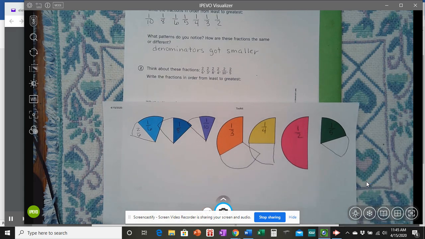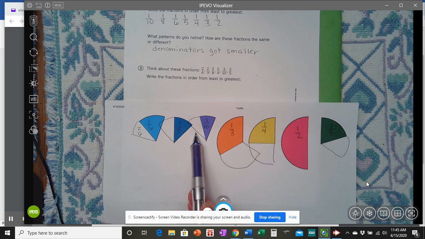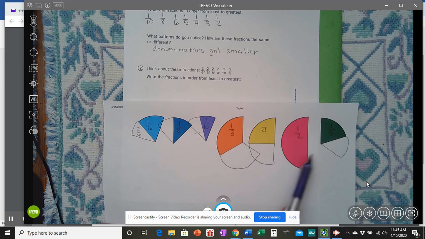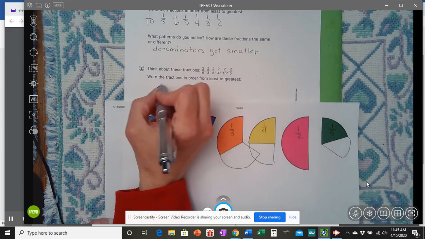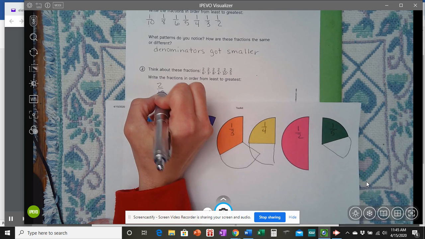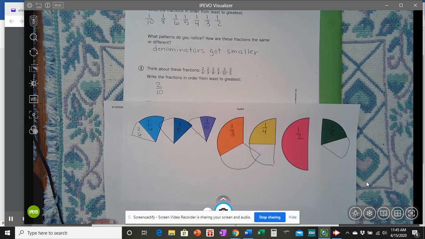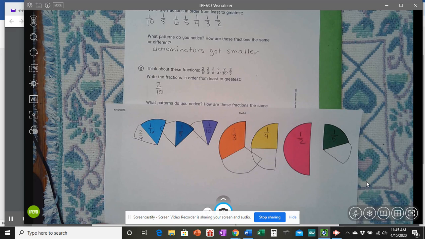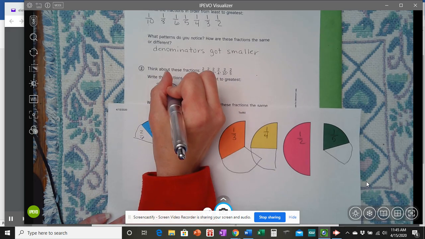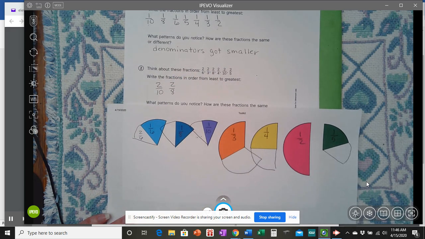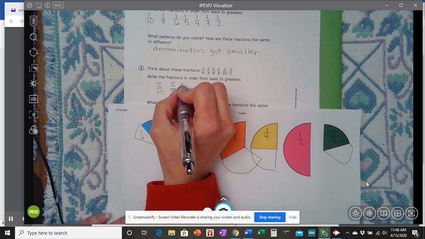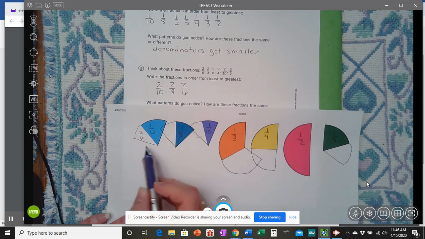Okay, so we want to put these in order from smallest to largest. So if you look at the pieces, it looks like the 2/10 is still going to be the smallest because it's not anywhere near the rest of them. So we're going to start out with 2/10. And then it looks like the 2/8 is going to be next. And then the 2/6. I know I didn't draw that very well to scale, did I?